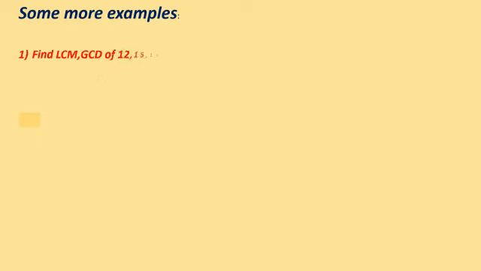Let us have some more examples for easy understanding. The first one is to find the LCM and GCD of 12, 15 and 21 in the prime factorization method.